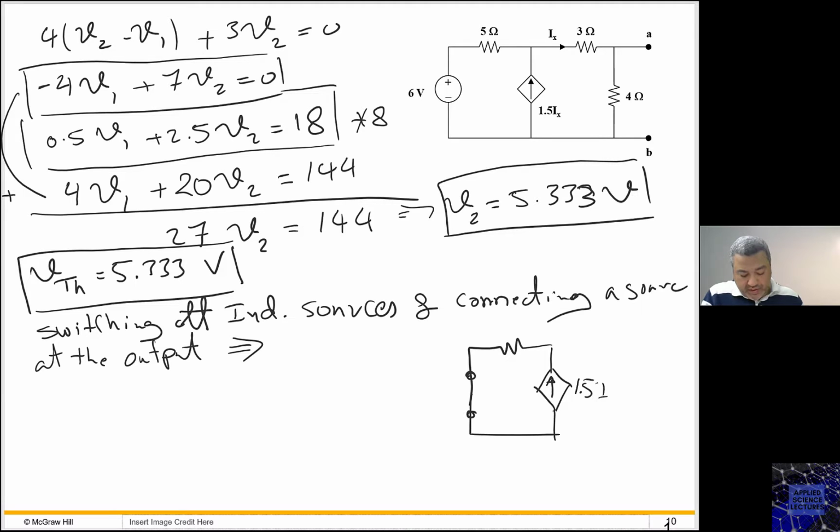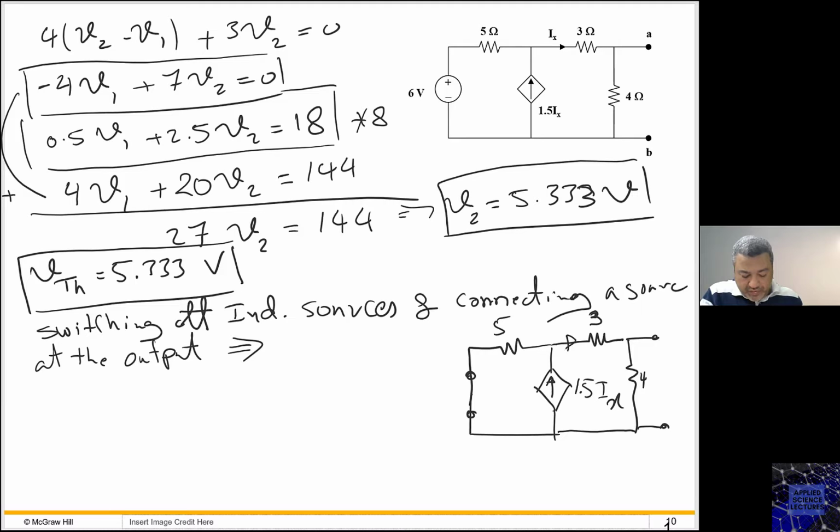1.5 IX, 3, 4. And then here comes the output. What do you want to put? It's up to you. You decide.